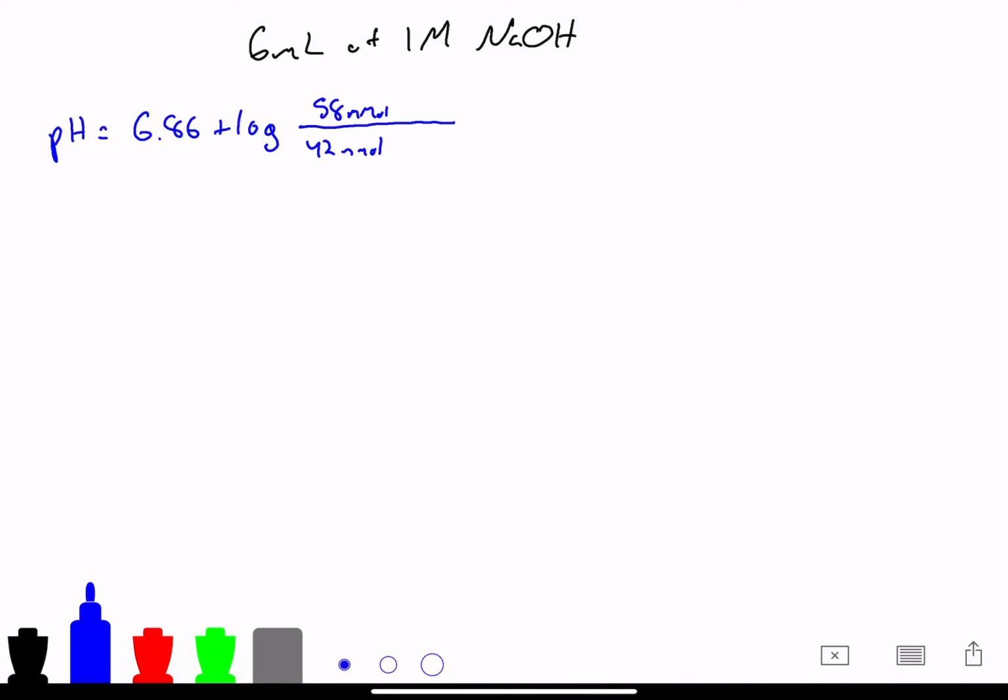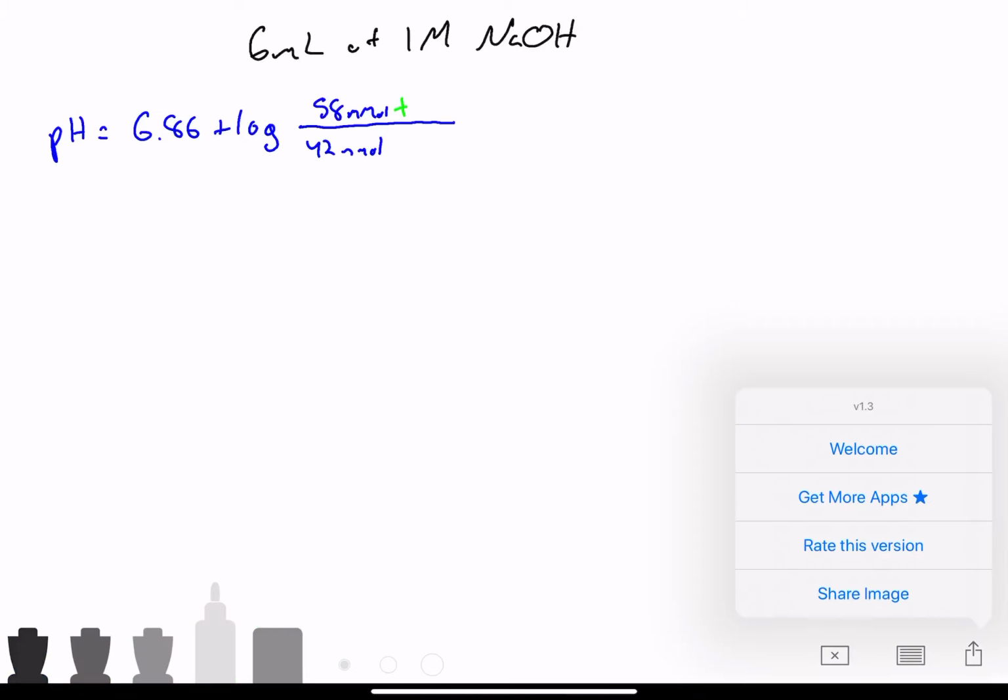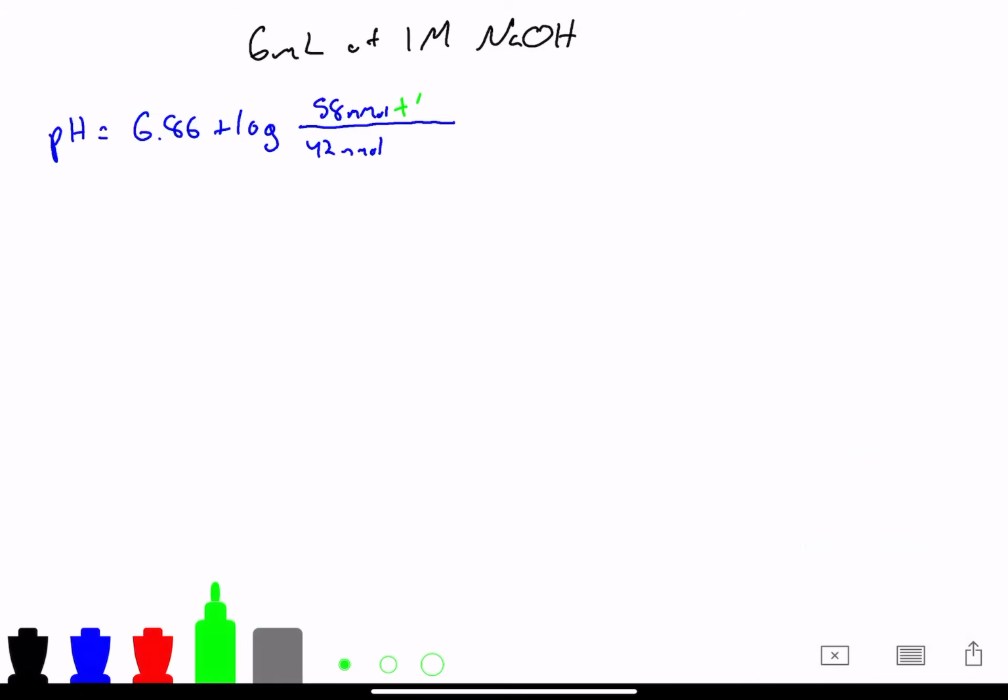Okay, so this time we're adding 6 milliliters of 1 molar base. So 6 milliliters, since that is 1/1000th of a liter, times 6, and it's a 1 molar solution, so it's easy, that's going to be 6 millimoles. Now because it's base, we're going to add the 6 to the top, and this one will be minus 6.